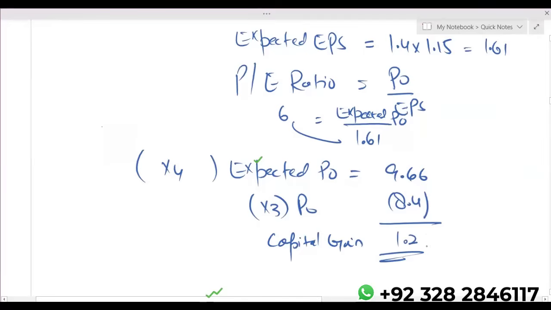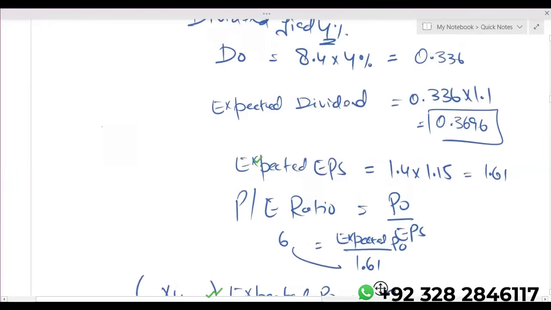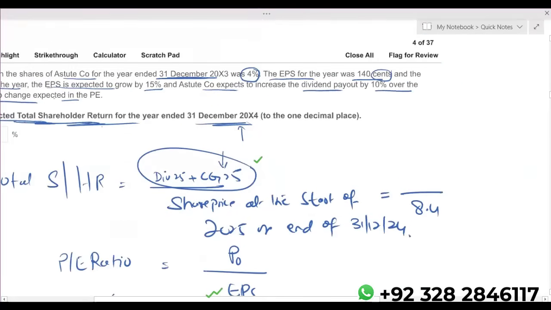I'm getting the capital gain 1.26. So expected dividend will be 0.3696 and capital gain 1.26 in X4. Let's see. 0.3696 plus 1.26 divided by 8.4 into 100. Students, I'm getting 19.4%. How did I calculate this?